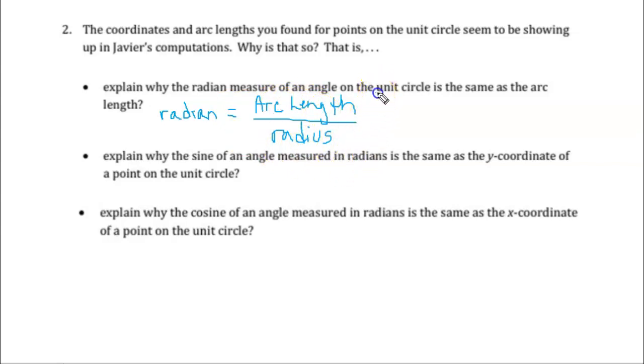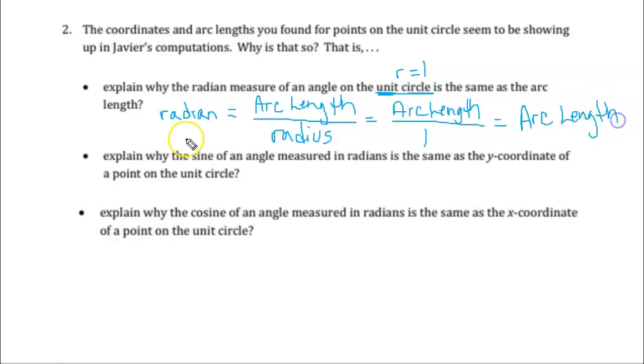In the unit circle, it just so happens that the radius is equal to 1. So when the radius is equal to 1, we're taking the arc length and dividing it by 1. And so that's why in the unit circle, the radian measure is the arc length.